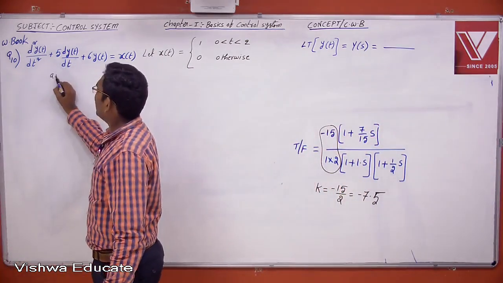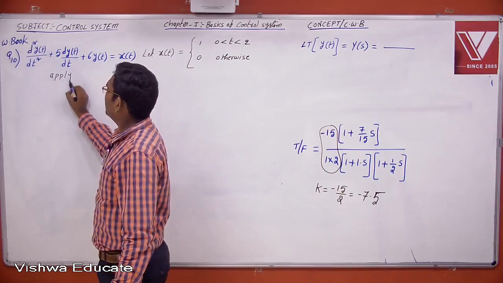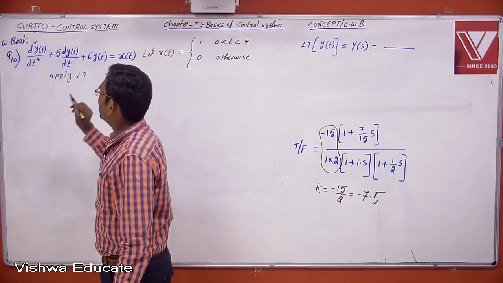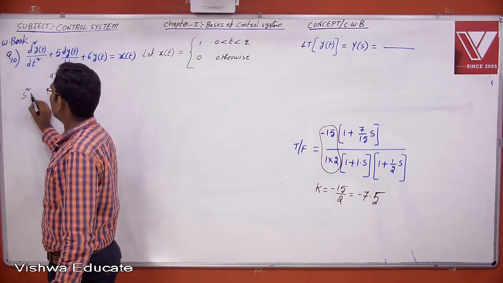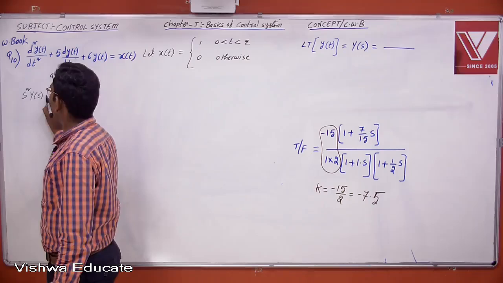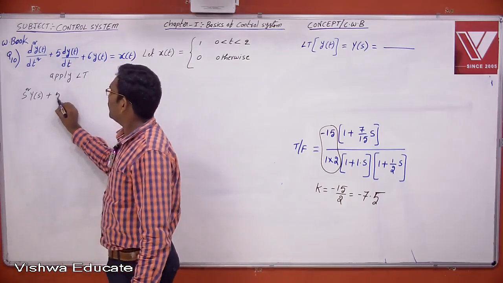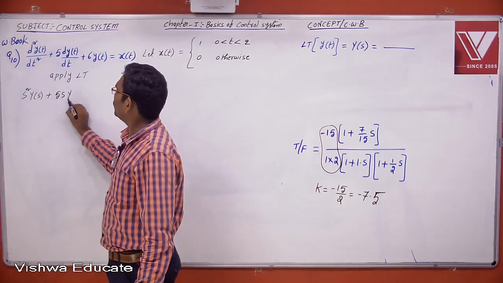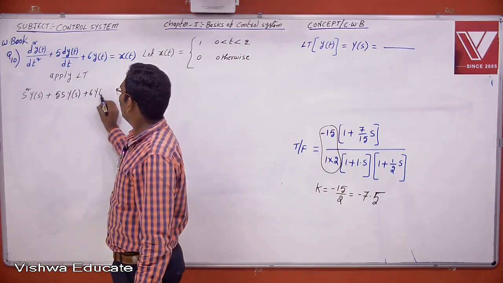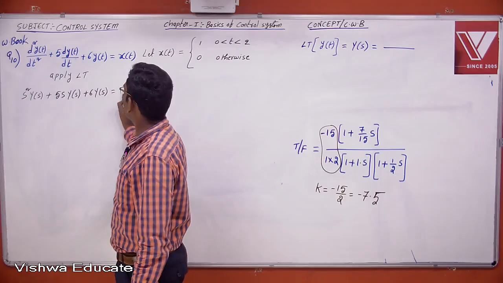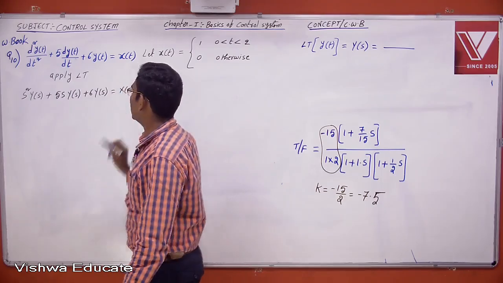Then you apply the Laplace transformation. Laplace transformation of the second order differential equation is s square into Y of s plus 5 into s into Y of s plus 6 into Y of s, which is equal to X of s.